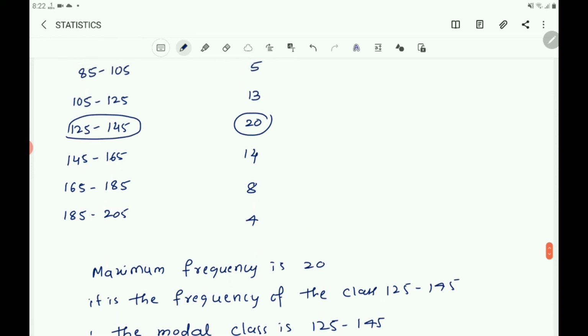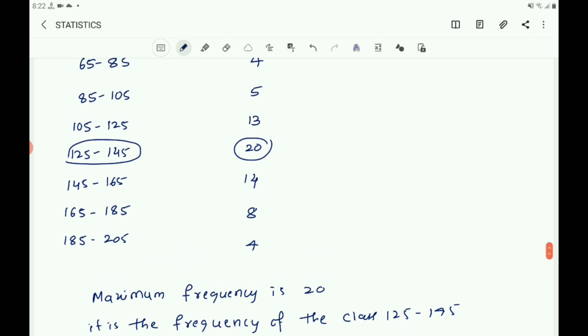Now you write all. Here we have to write L, H, F1, F0, F2. Here F1 is this one, and F0 is 13 and F2 is 14 and L is 125.